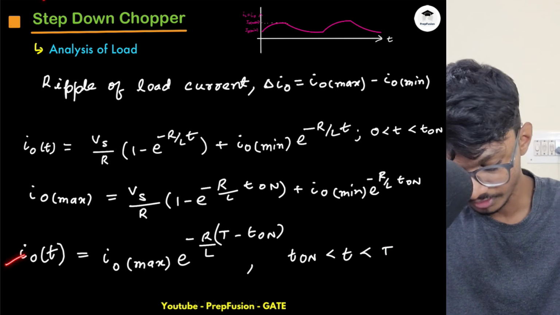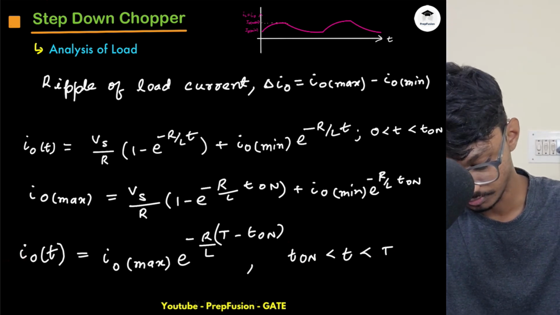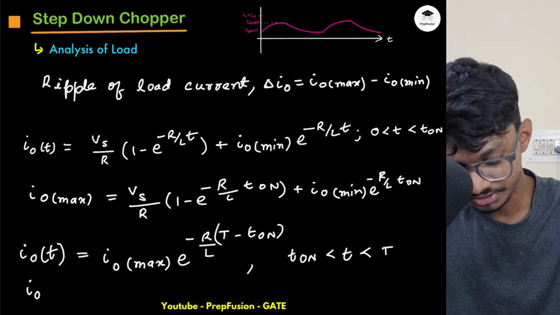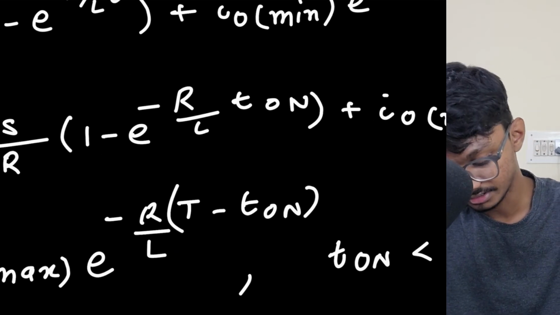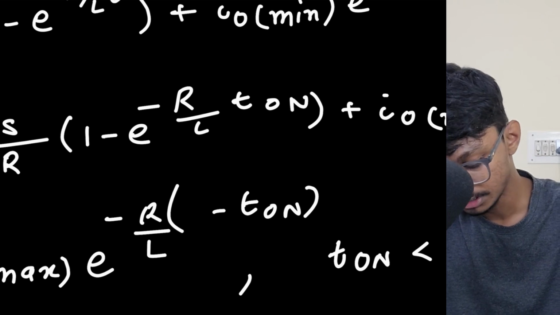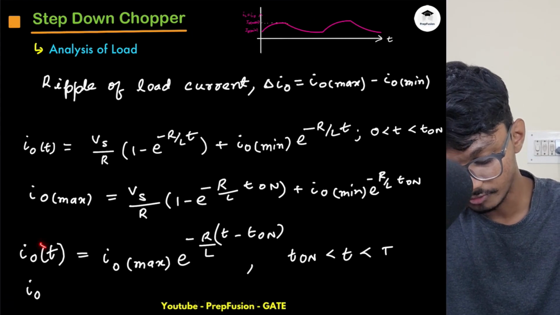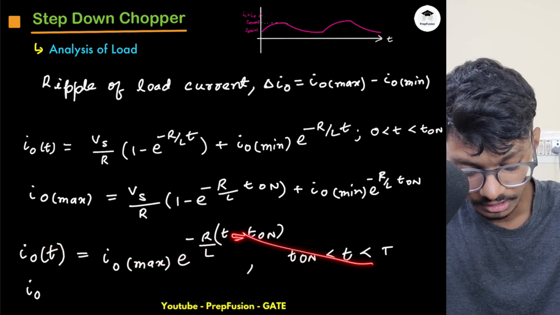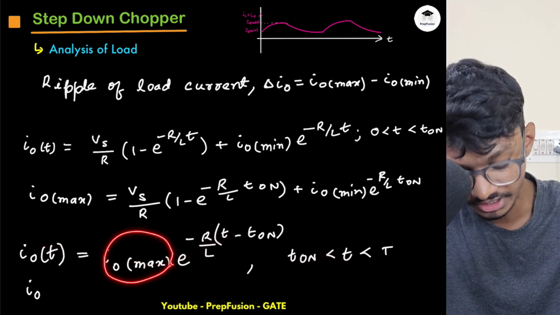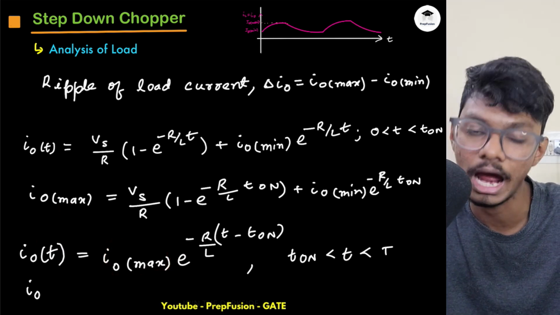IO minimum, if I want to write it in terms of IO maximum, will be in this equation. Okay, I have done something wrong here. I have directly written the expression for IO minimum. Shouldn't have done that. So first of all, this is the IO of t expression from t on to t. This is the decaying expression. Why? If I put here t equals t on, what will you see? You will see IO max. And yes, exactly, at t equals t on, I am getting IO max.